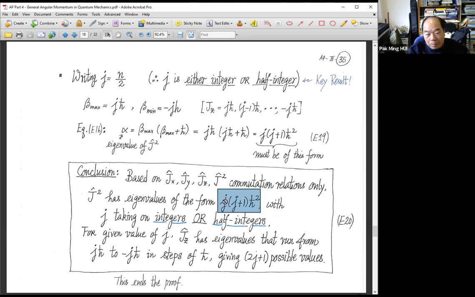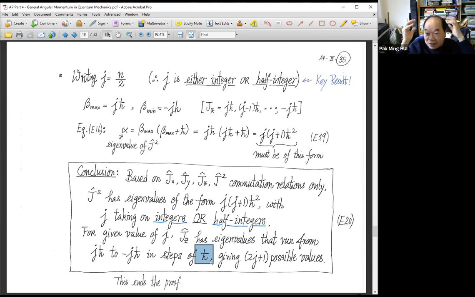And this quantum number J is restricted to take on either positive integers or positive half integers. All right? And now, given a J, JZ can go from the longest one, the maximum one, to a minimum one, which is negative J H bar, in steps of H bar, because of these raising and lowering operator functions. Okay? So this ends the proof.